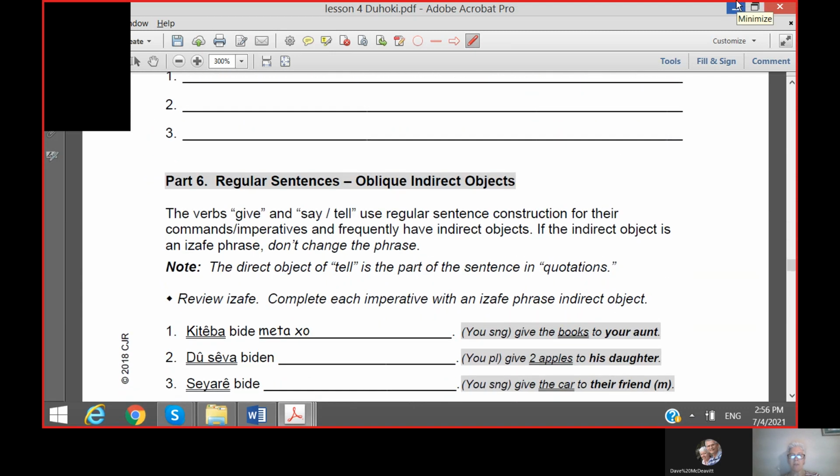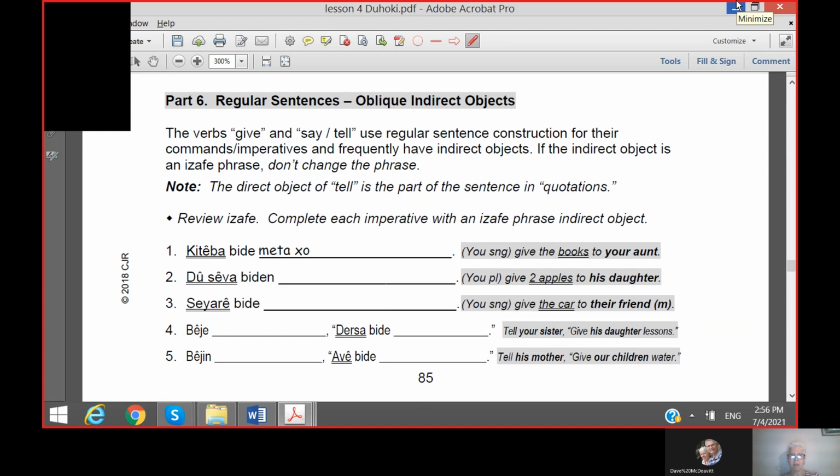And then finally, for today's lesson, use indirect objects, oblique case indirect objects. So with the verbs give and say or tell, they use regular sentence construction, and they frequently have indirect objects.